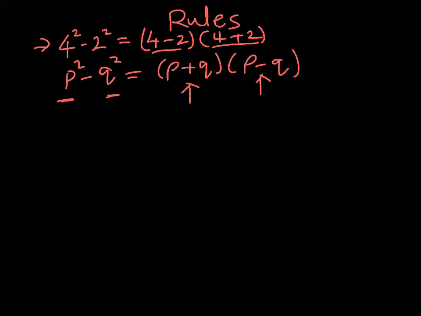So if you have difference of two squares, let's say r squared minus s squared, how do you write them out in full? One is going to be r minus s, and then the other is going to be r plus s.